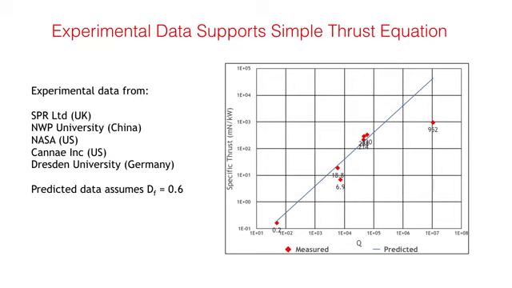The data points can be compared with a predicted specific thrust characteristic shown in blue, which is based on the simple static thrust equation we have derived and assumes a design factor of 0.6. As can be seen, 5 of the thrusters sit very closely on the predicted line, whereas the 2 outliers are thrusters that rely on a dielectric element inside the cavity.